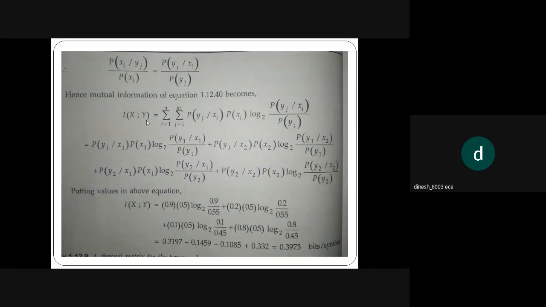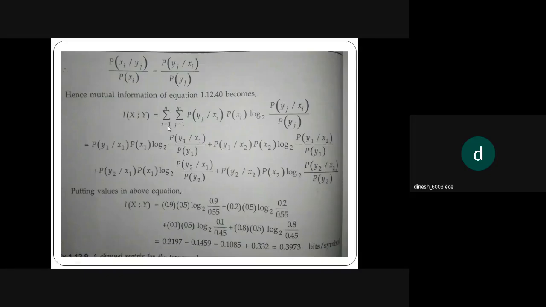Okay, right. Thank you. So, I of x is to y, our generalized formula for determining mutual information: the summation with i equal to 1 to n, j equal to 1 to m, of p of yj over xi into p of xi log to the base 2 of p of yj by xi divided by p of yj.